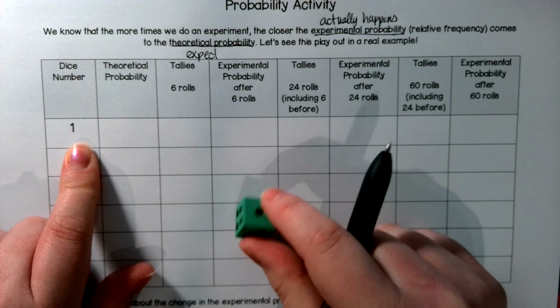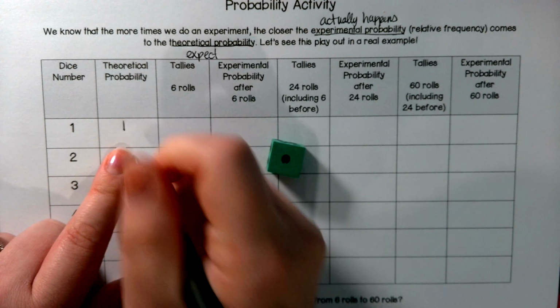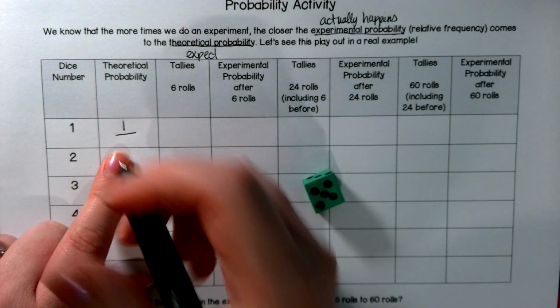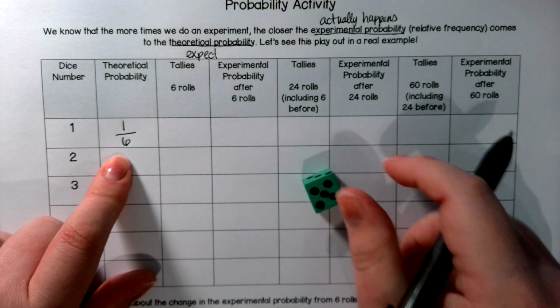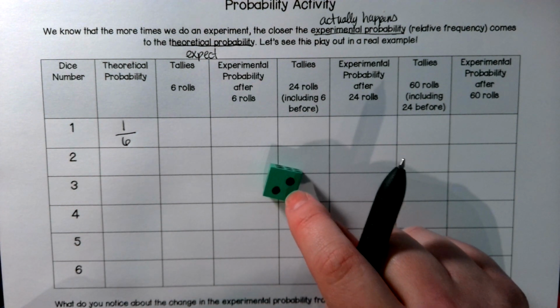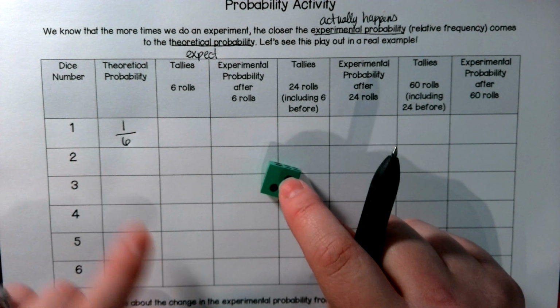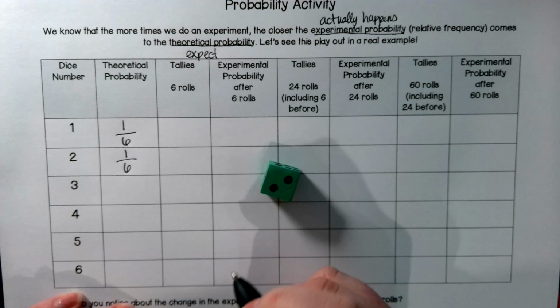On my dice, my theoretical probability, what I would expect, if I want to roll a number 1, there's only one on a dice out of 6 total sides. My theoretical probability of rolling a 1 is 1 out of 6. And there's only one 2 on my dice, so I would expect that 2 to come out 1 out of 6 times.